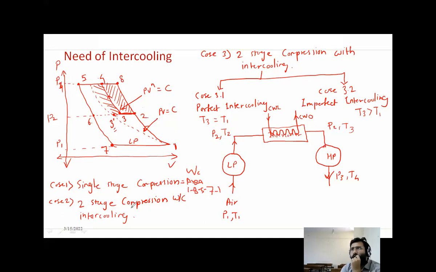So here we are dealing with two pressures, a low pressure and a high pressure. Here the inlet pressure is P1, the intermediate pressure is P2, that is after first compression, and the final discharge pressure is P4. Okay.